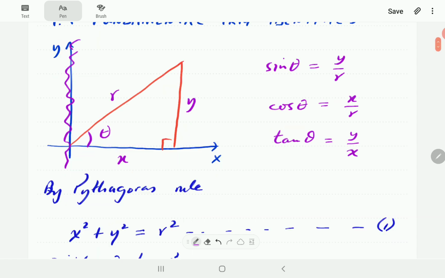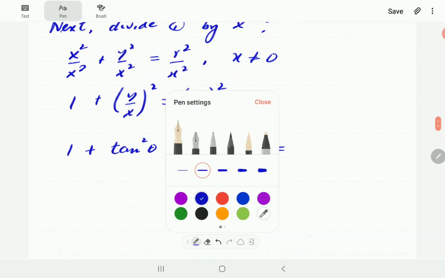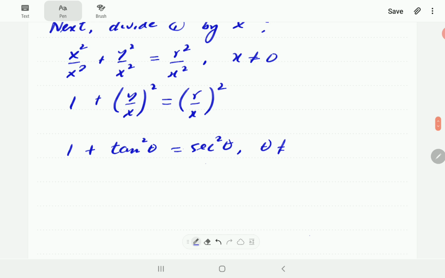So we're just going to say so long as theta is an angle different from 90 plus multiples of 180, so 90 plus 180n, where n is an integer.